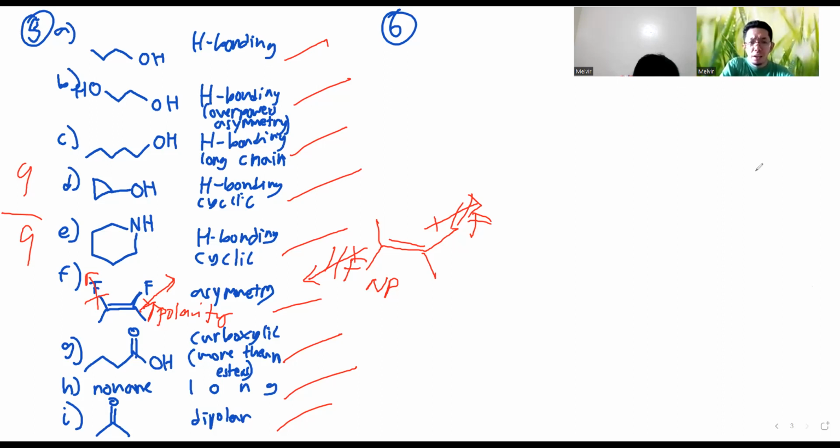C3 lang yun eh. C3H7NO. Then, sa letter B nun, ano kaya yung pinakamababa yung boiling point and melting point and what is the reason? So, sa 7, i-drawing mo yung skeletal structure nila so that we can clearly see kung ano yung magiging trend. Okay, go ahead, Josh.